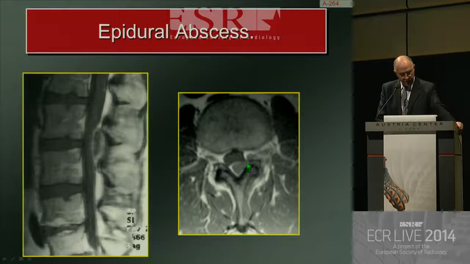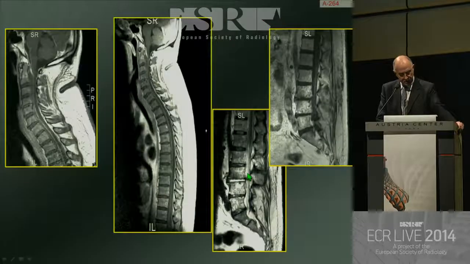You can easily identify it by doing axial images, but the important thing is, to identify abscesses, particularly in the spine, please use contrast-enhanced studies. This is really important if you want to see where it's spread. This is a patient who has active infection at this level, probably at that level as well.